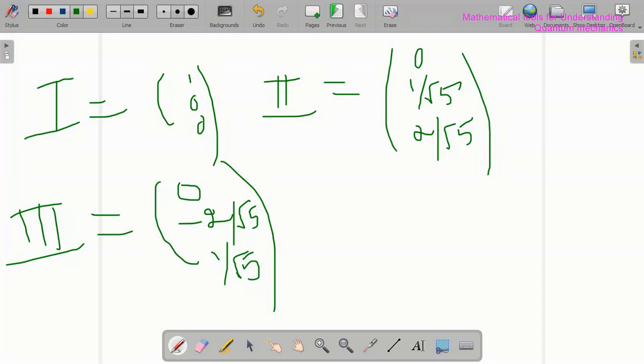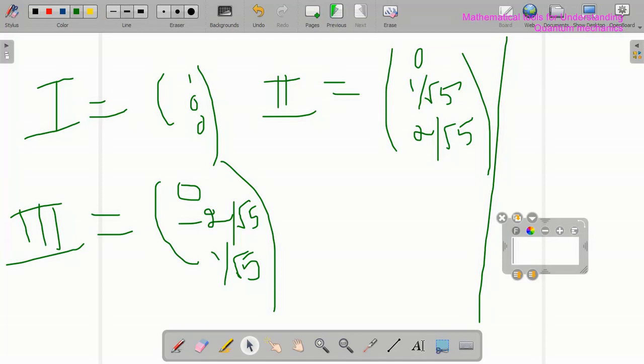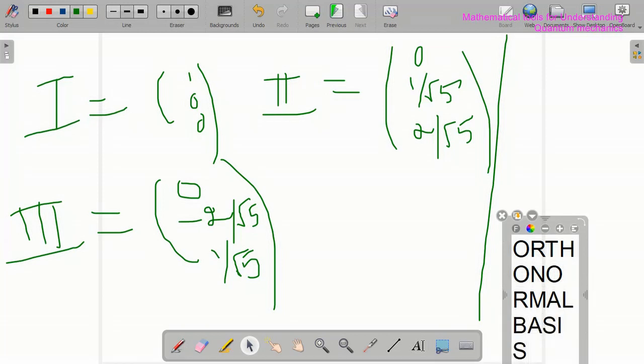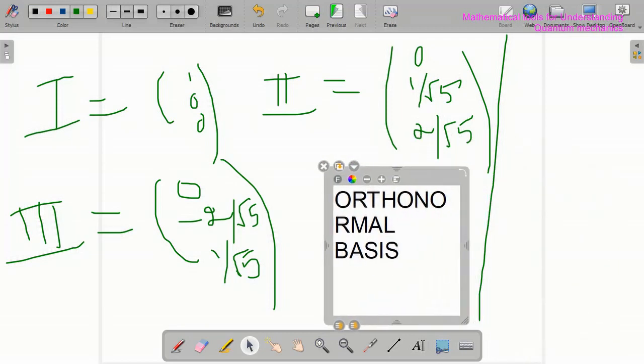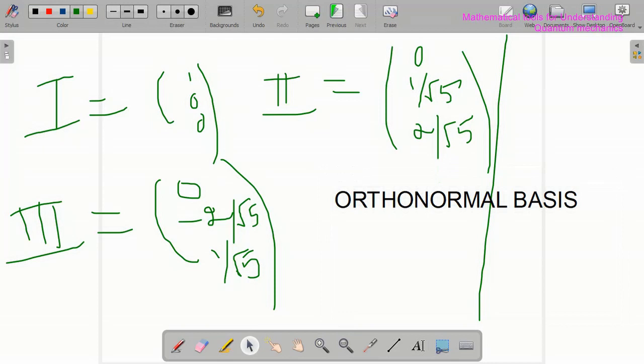So all are orthogonal. As for their lengths, 1 by root 5 squared plus 2 by root 5 squared gives 1, and minus 2 by root 5, 1 by root 5 also gives 1. So they are orthonormal basis vectors.